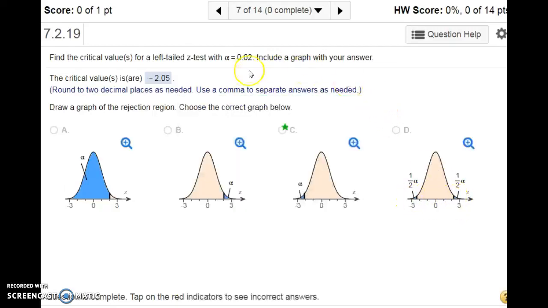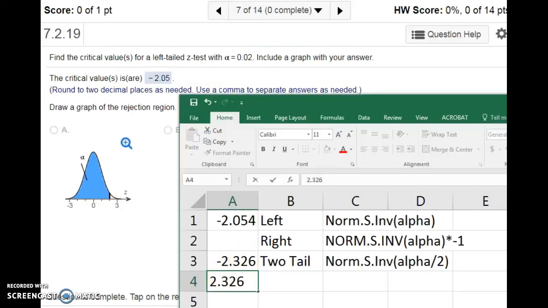Half of 0.02 is split between the two tails, and we know what those cutoff lines are from Excel here. And then how this works now, if you look at your sample and find the test statistic for your sample, if it's even further away from the mean than your critical values here, that's an alternative way to decide to reject the null hypothesis.